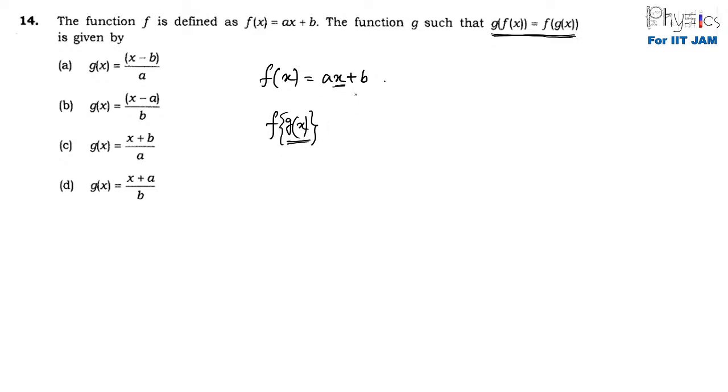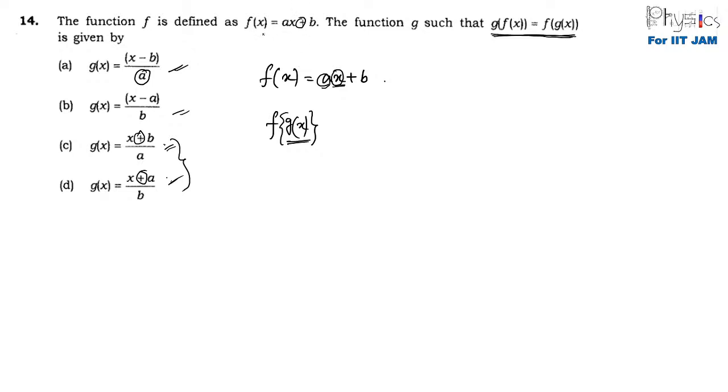Now, see one thing: if x is to be substituted by one of these options, we have this a here and this a here, right? What we can do is calculate this for each of the options. But see, in these two options there is a plus sign, and again in the case of f(x) there is a plus sign.